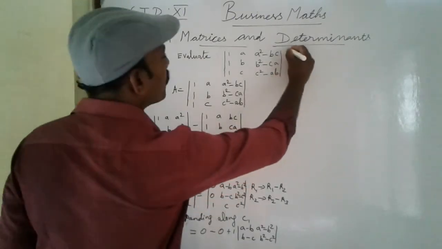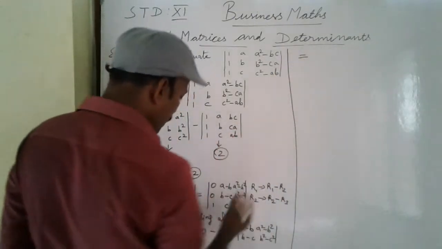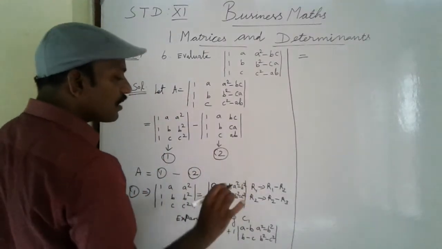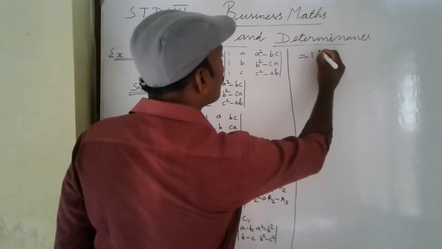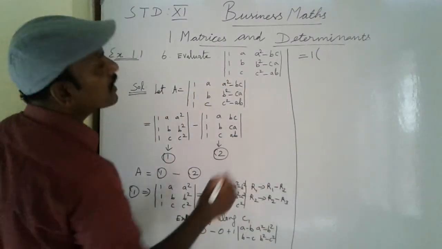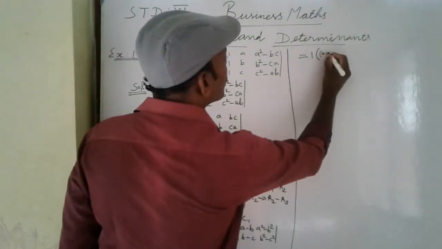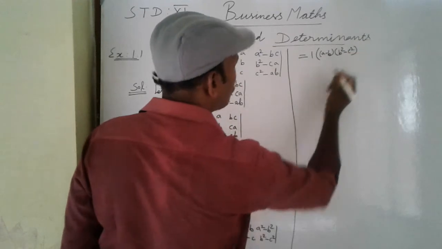Next we should find out. 0 minus 0, it's a 0, it's over. Next 1 into the multiple this, expand this value, a minus b into b square minus c square.